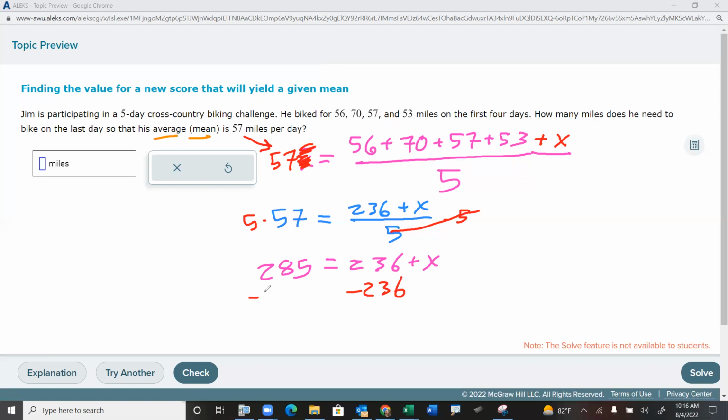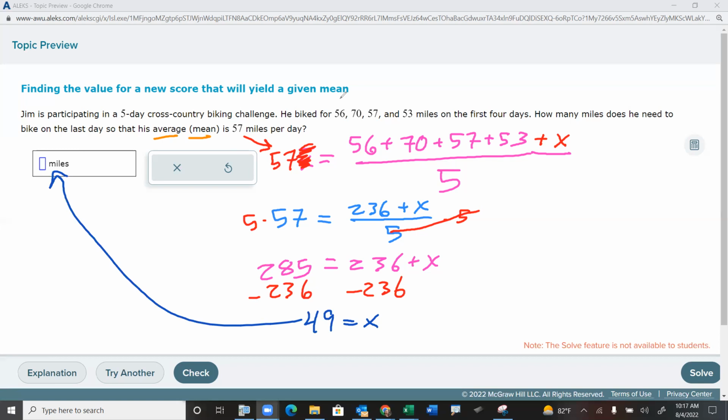I'll take away 236. And I'll keep changing my color because I'm colorblind. And okay, 49. Actually, not that far off from that wrong answer we had, huh? Usually it's further off, but yeah, so 49 miles. That is what's going to be our answer.